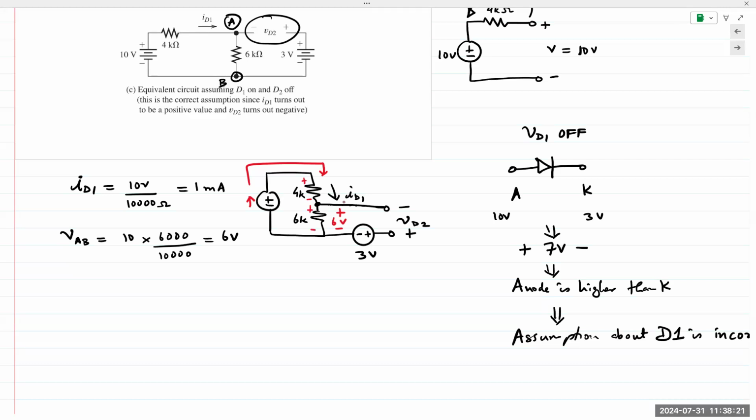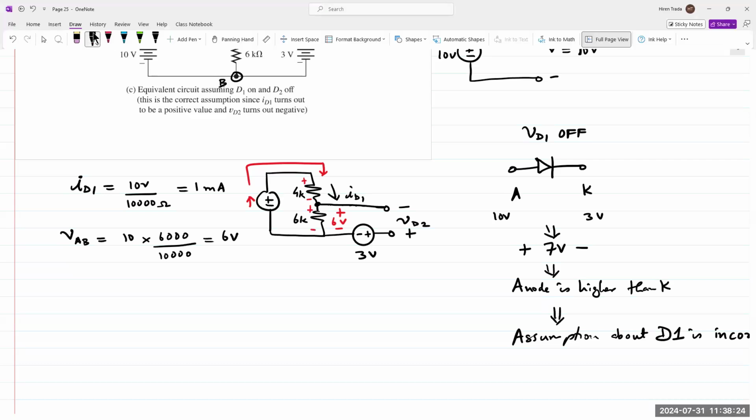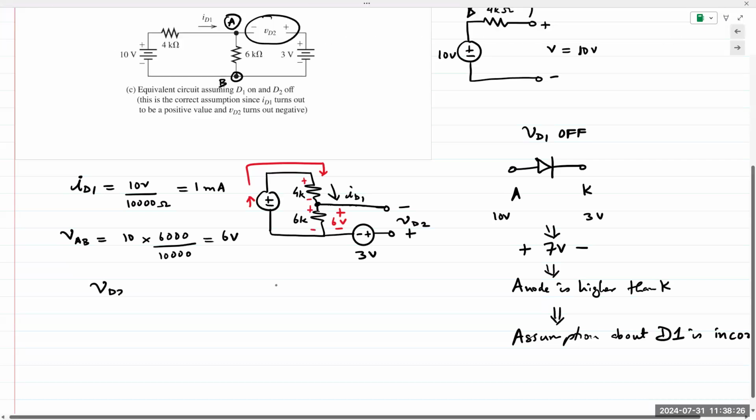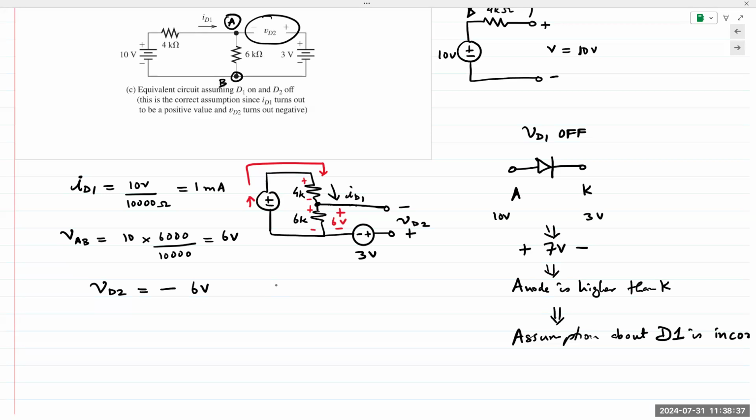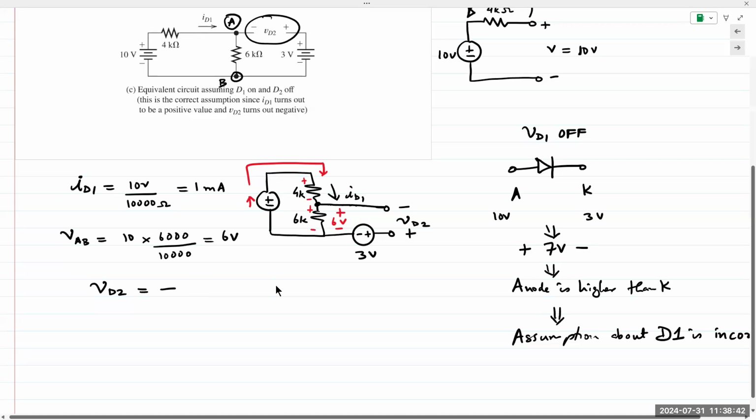That means VD2 is minus 6 volts. Sorry, it's not 6 volts, it's 3 volts. It's minus 6 plus 3, which results in minus 3 volts.